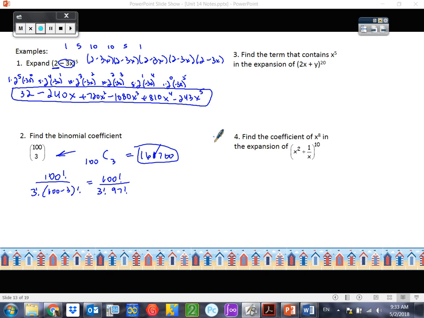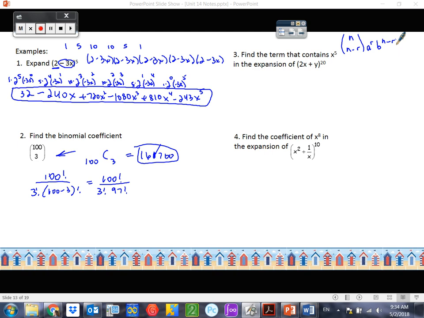All right, so now let's get down to the more abstract problems, because you know me, right? We're going to have some abstract problems. These are the ones, number 3 and 4, where we're going to use that little formula. So I'm going to write the little formula down. That little formula was n choose r, a to the r, b to the n minus r.